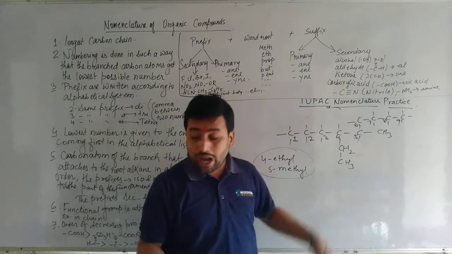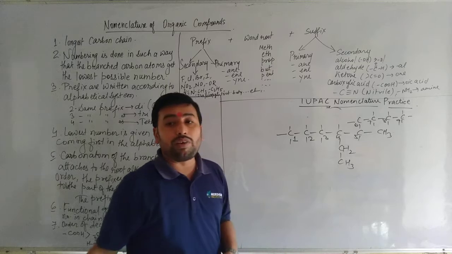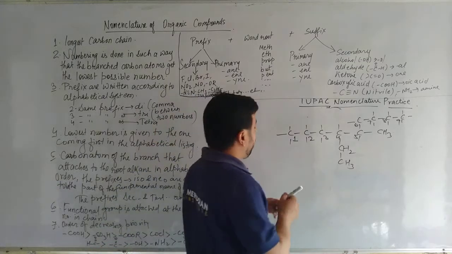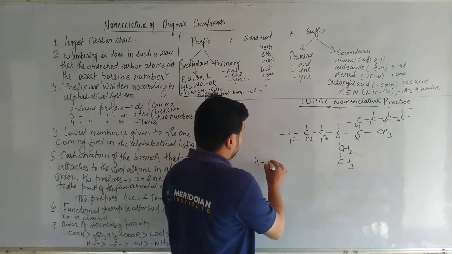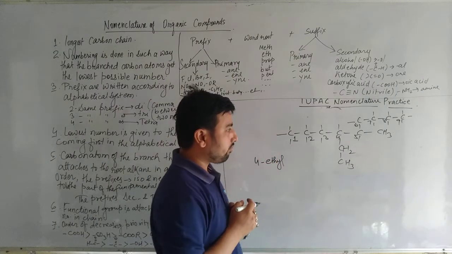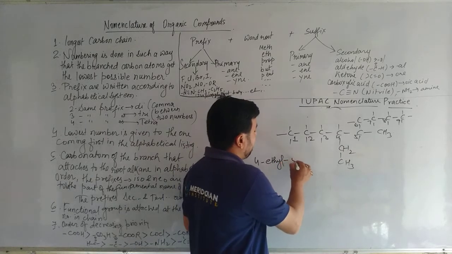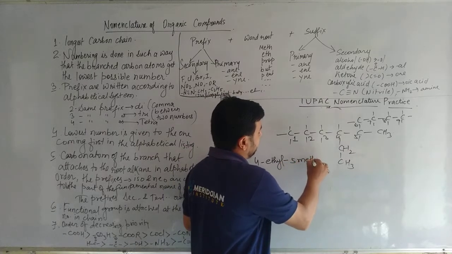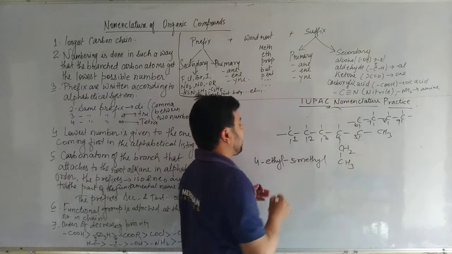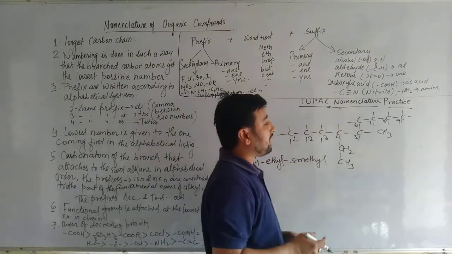So if we want to write the name of this compound, how will we write? First we will write that on the 4th position it is having ethyl. So 4-ethyl. And on the 5th position it is having methyl. 5-methyl. 4-ethyl, 5-methyl, and the total number of carbon atoms is 9.